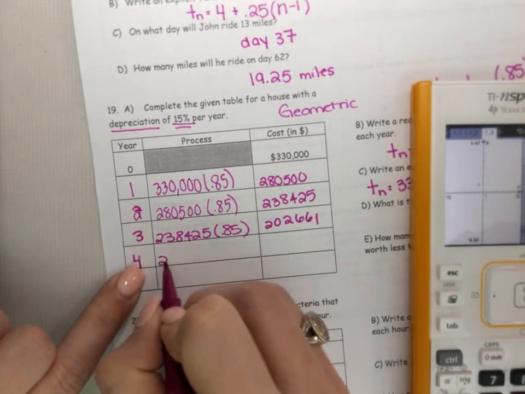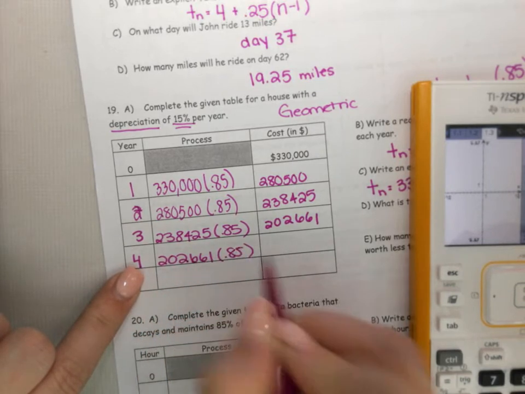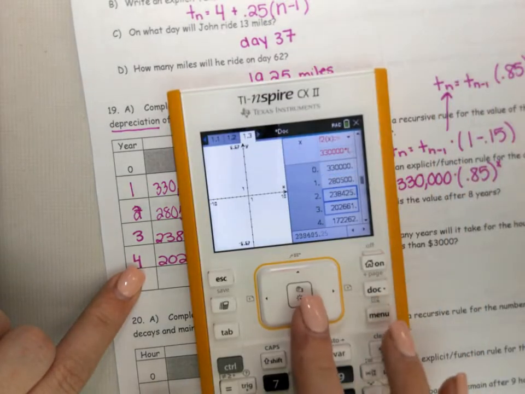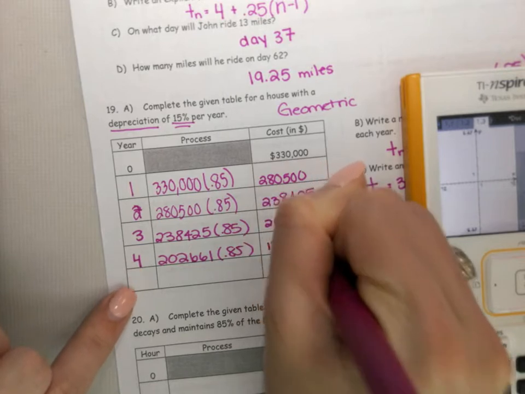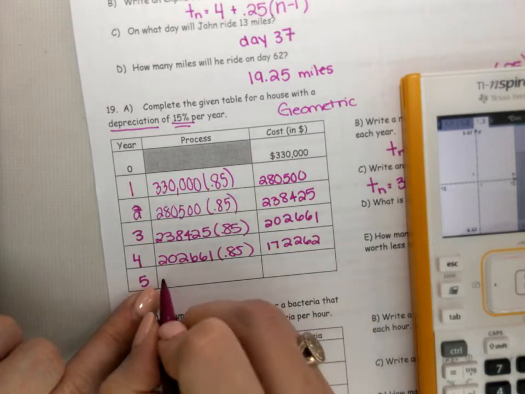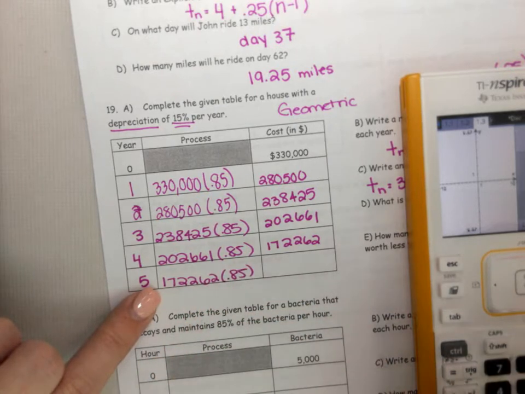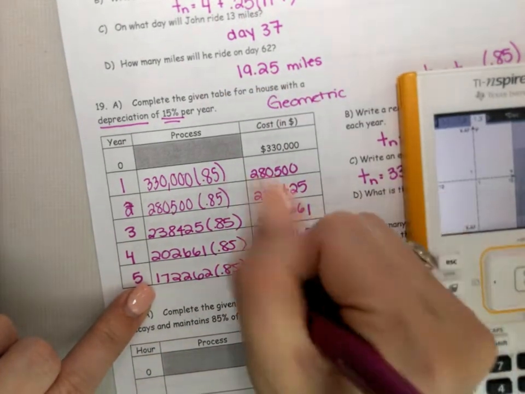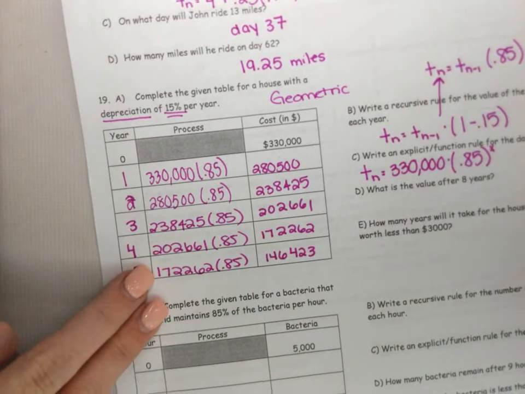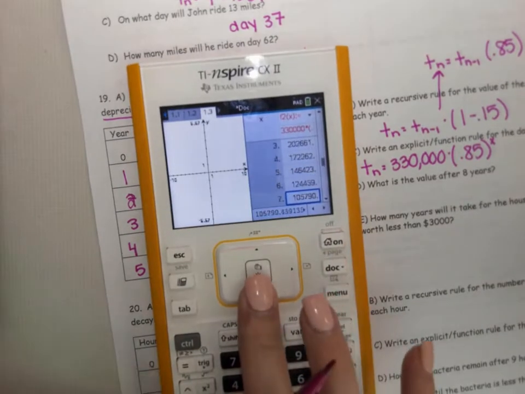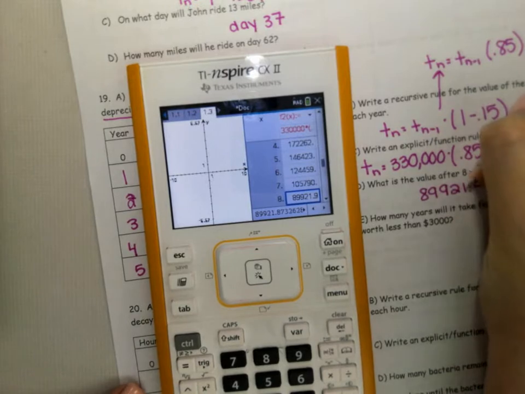Then I'm taking 202,661 times 0.85, and I get 172262. Then I'm taking this 172262 times 0.85. And I get 146423. So what is the value after 8 years? So after 8 years, the value is 89921.90.